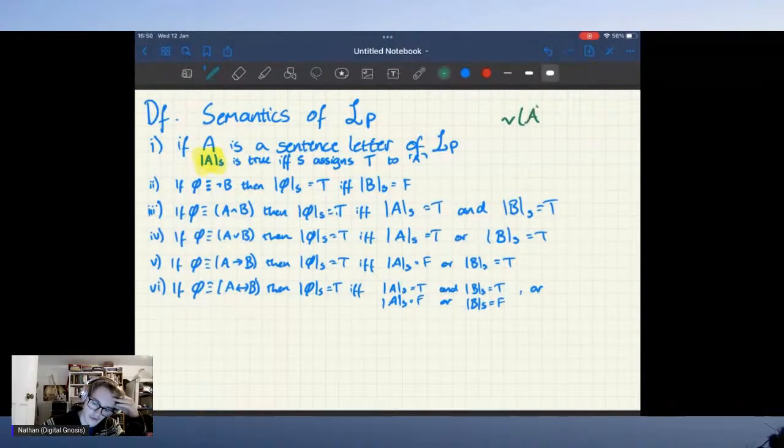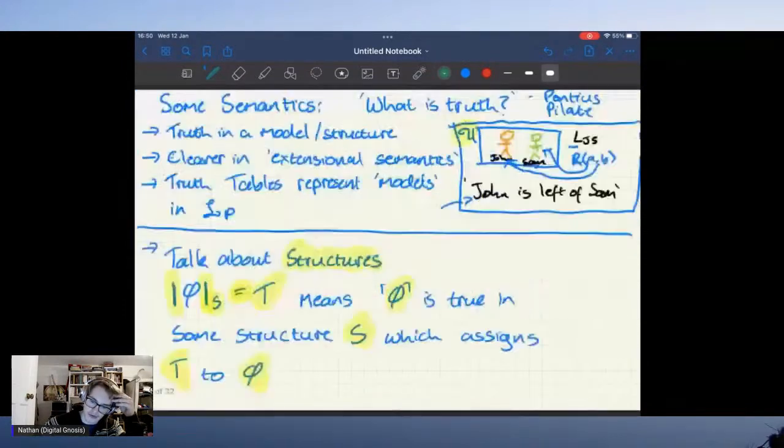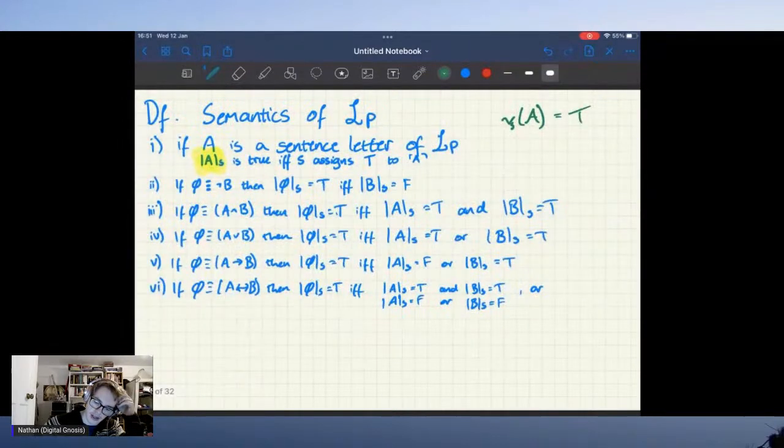He'd say VA, or he might have a little subscript S under the function. He might talk about it like that. Now, it's the exact same thing. It's just that I think the interpretive function makes more sense when we are talking about this type of model here, because we can see how our function is directly mapping things to objects, and I think it's a bit more laboured in the case of propositional logic.